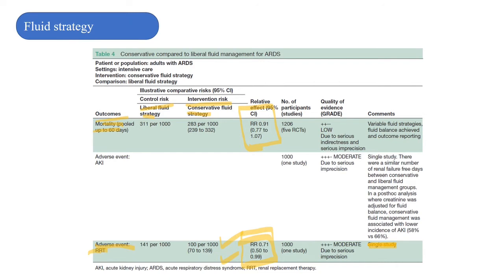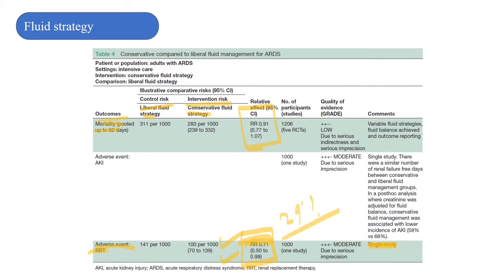In this single study, the use of the conservative fluid strategy was associated with a significant decrease in the need for renal replacement therapy, with a mean of 0.71, so the mean decrease is a 29% decrease in the need for renal replacement therapy.